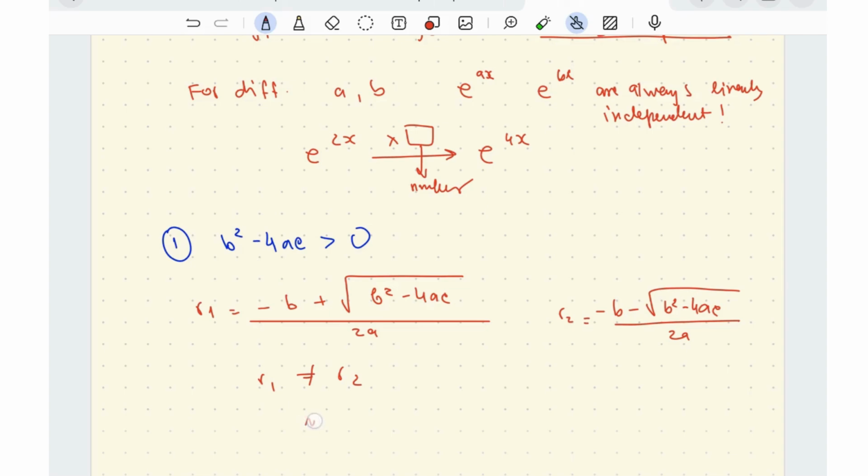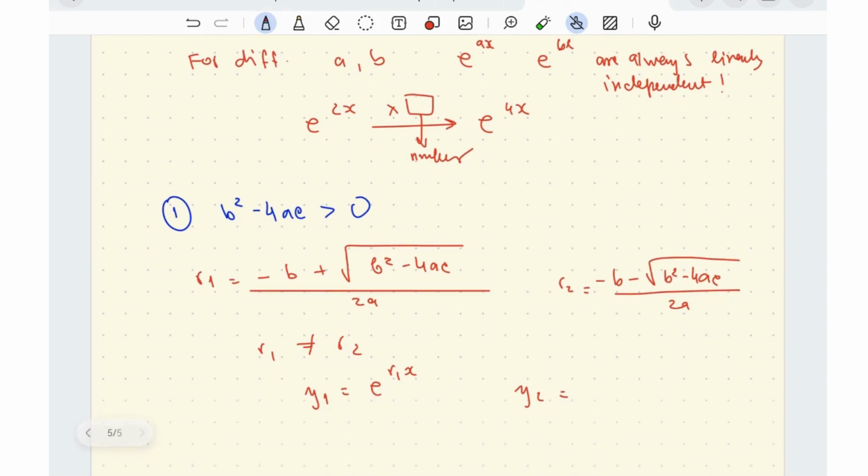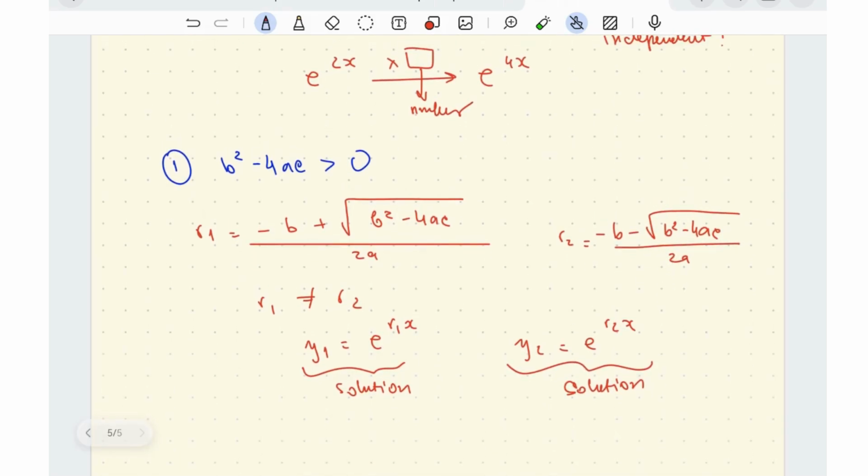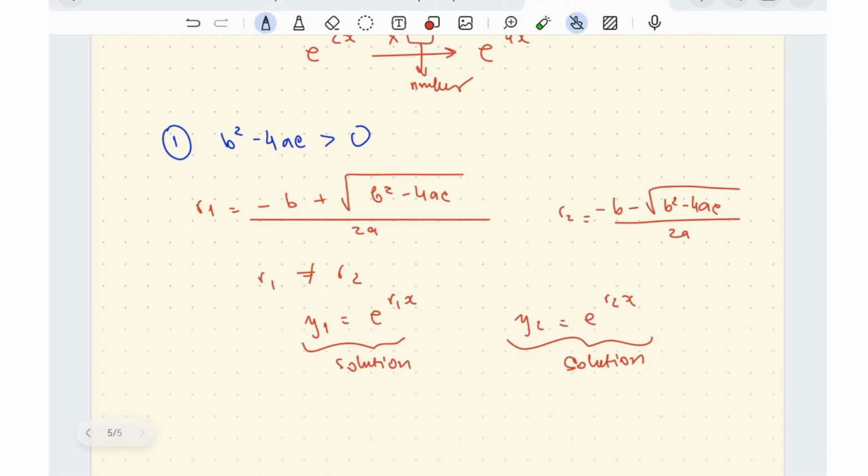So if we have y1 equals e to the power r1x, this is a solution, and y2 equals e to the power r2x, this is also a solution. If we plug in, you can pause the video and check that these are solutions. So they are solutions, but they are also linearly independent.